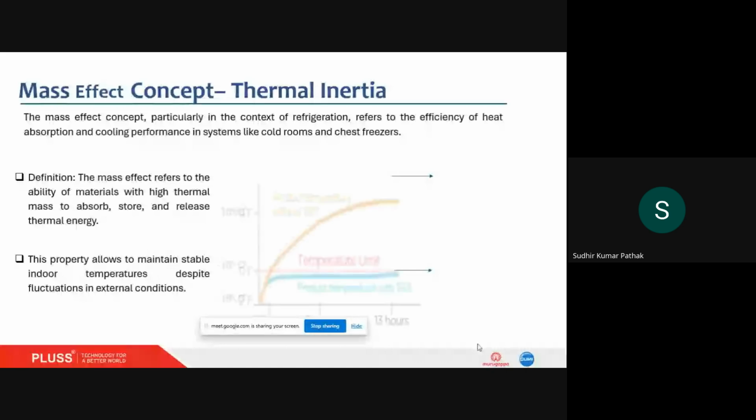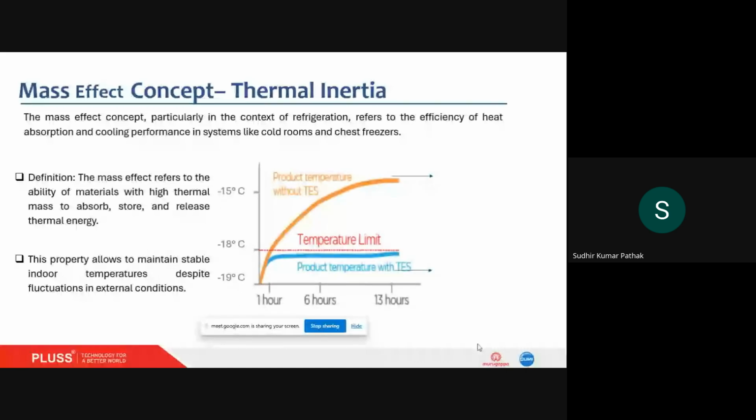Like, I'm giving one example: if we place our food products or any other product in the cold room and suddenly there is a power outage, or due to ambient conditions the temperature is suddenly fluctuating, the inside temperature of the cold room also increases with respect to time.